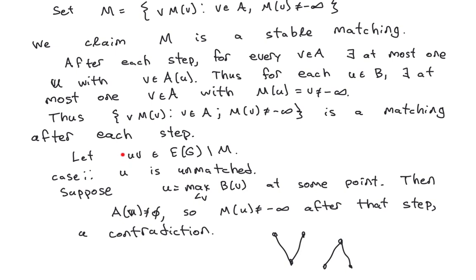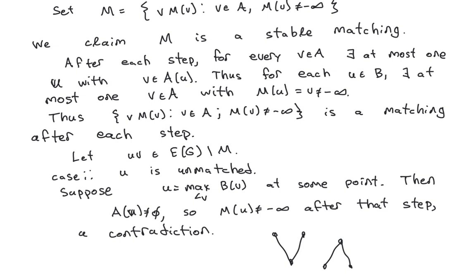So we need to show that it is stable. Let's take an edge that's not in the matching, and we're going to suppose for now that U is unmatched. Using the language of jobs and candidates, we're assuming candidate U did not get a job. And then we point out, suppose that U was the top candidate for some job V at some point.